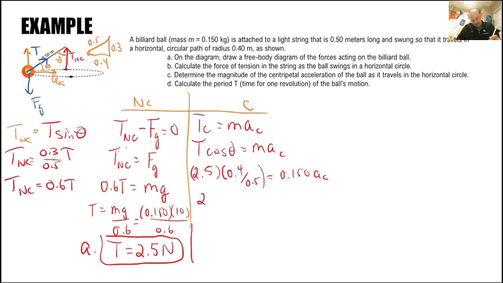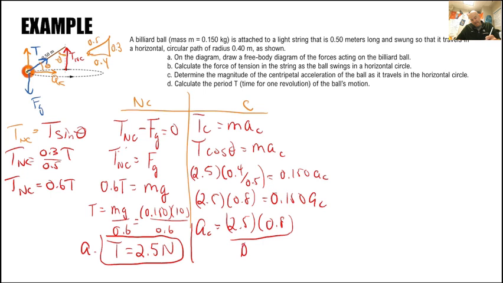So this is 2.5 times 0.8. Typically I do the algebra before substituting in numbers, but I moved forward before I did the algebra. So the centripetal acceleration will be 2.5 times 0.8 divided by 0.150, and that tells us the centripetal acceleration is going to be 13.3 meters per second squared.